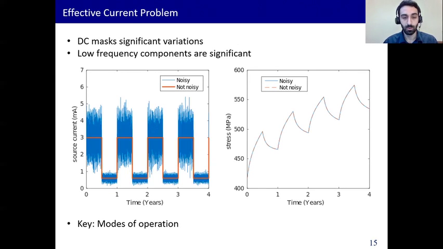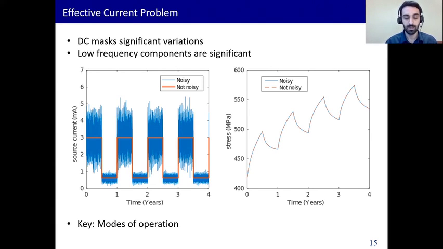For example, we show on the left plot in red a low frequency pulsed current waveform with its noisy version shown in blue. The period of the pulses is 1 year. On the right-hand side, we show how the stress profile responds significantly to the pulses, but shows no sensitivity at all to the high frequency noise around the pulses.